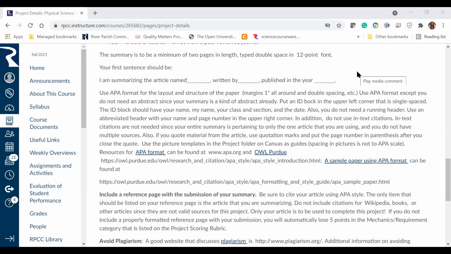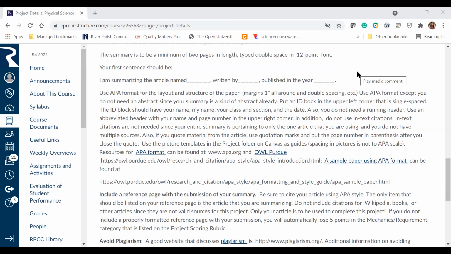And after you close the quote, put the page number in parentheses telling me what page of the article you took that quoted material from, okay? So those are the rules that you have to follow in doing the summary.